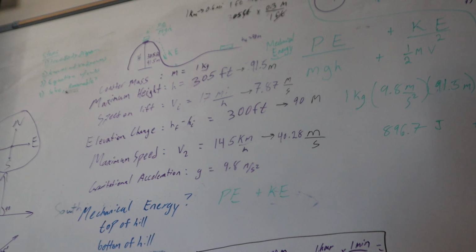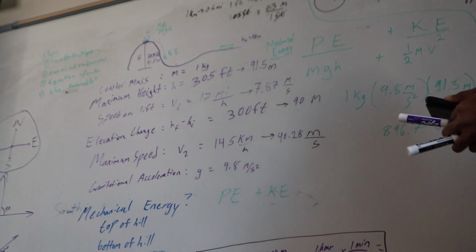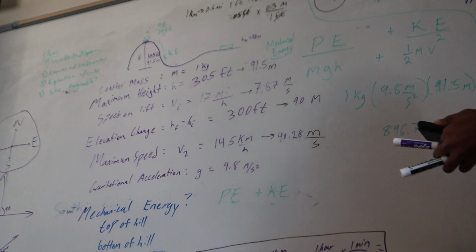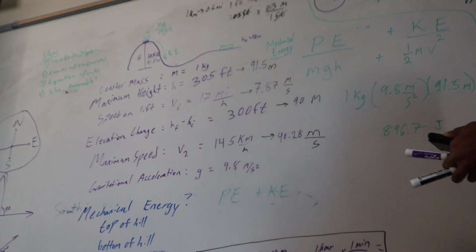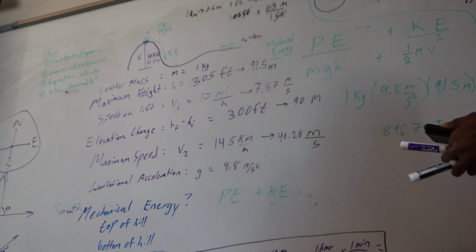I could have just divided by 0.5. You could have multiplied by 0.5. 30.96. Okay, yep.